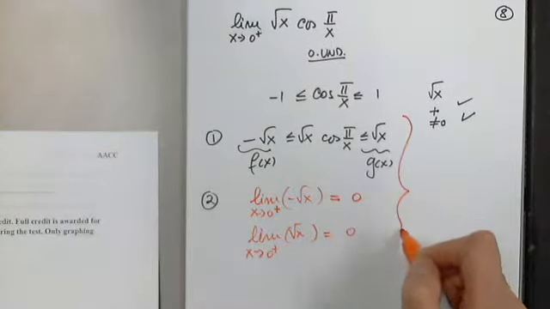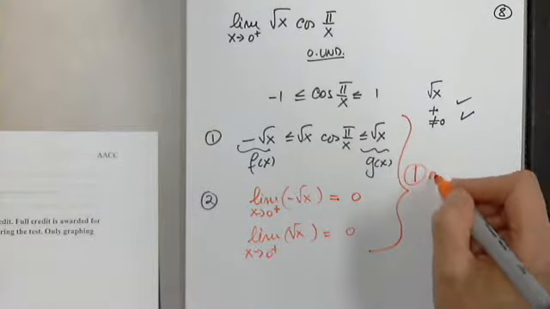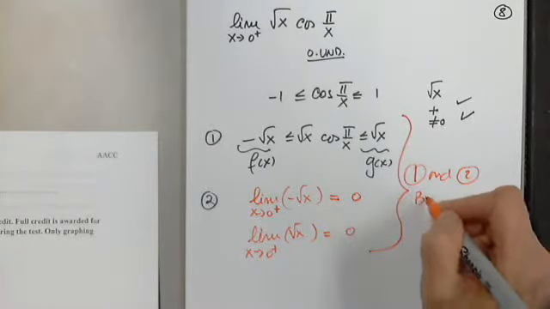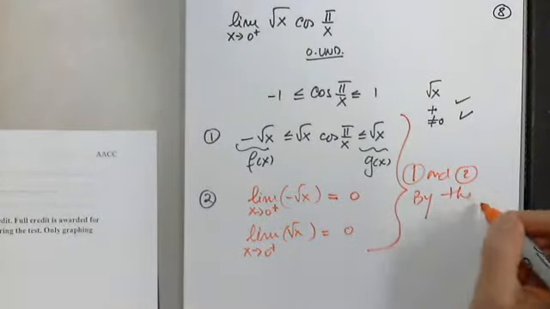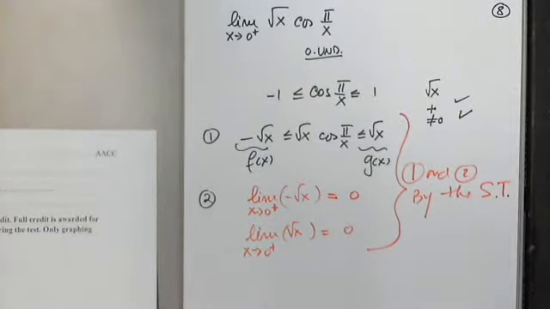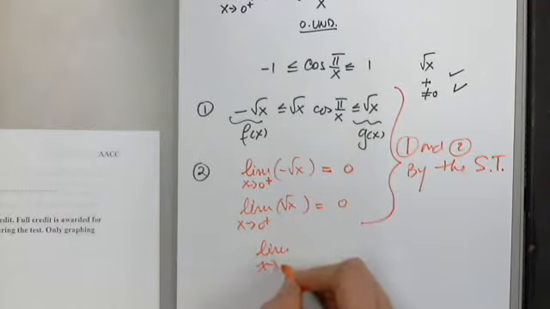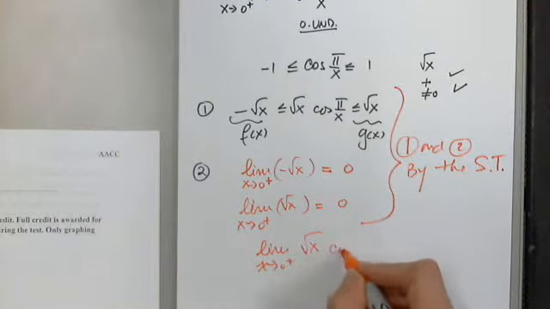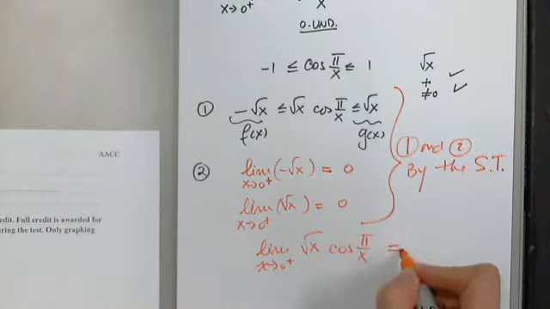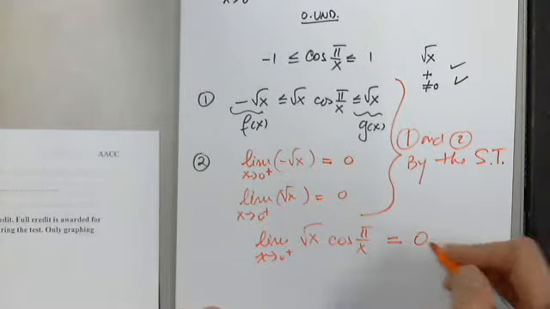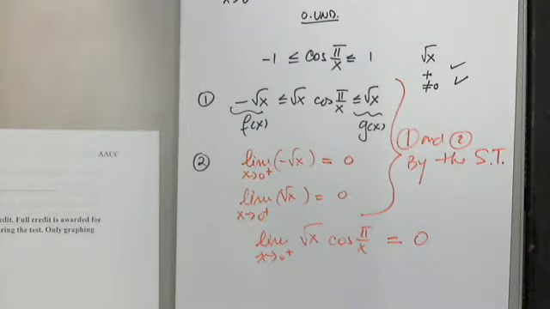Then from 1 and 2 together, by the squeeze theorem, what do I conclude about our limit? The limit as x approaches 0 from the right of the square root of x cosine pi over x must also be 0. Excellent.